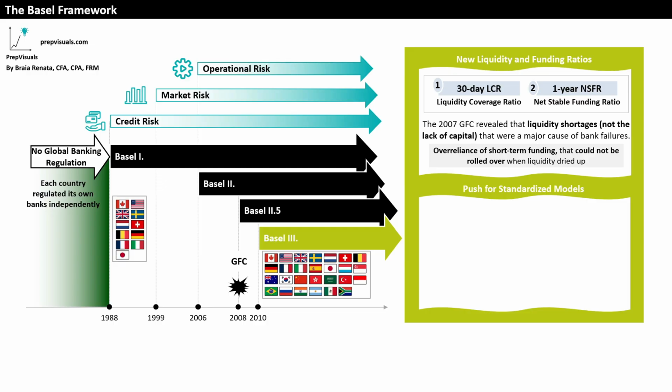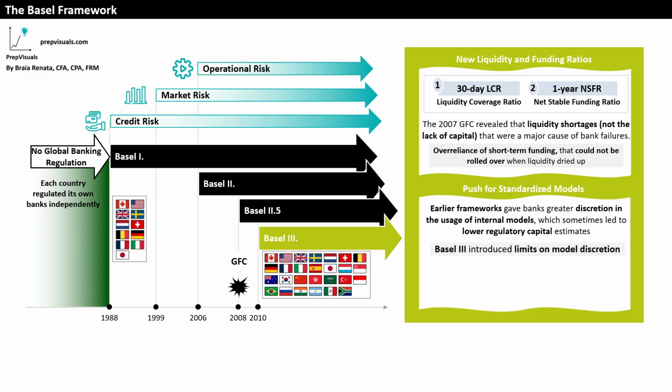Now turning to the push for standardized models, it's important to understand that earlier frameworks gave banks greater discretion in the usage of internal models, which sometimes led to lower regulatory capital estimates.